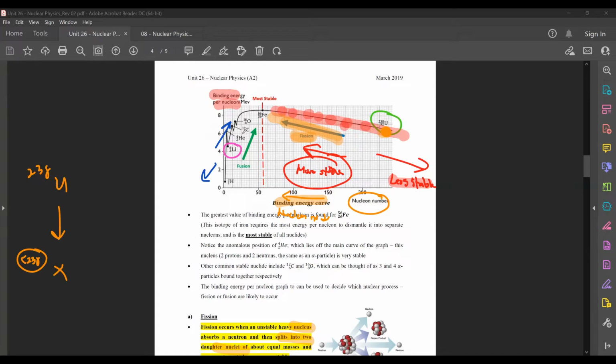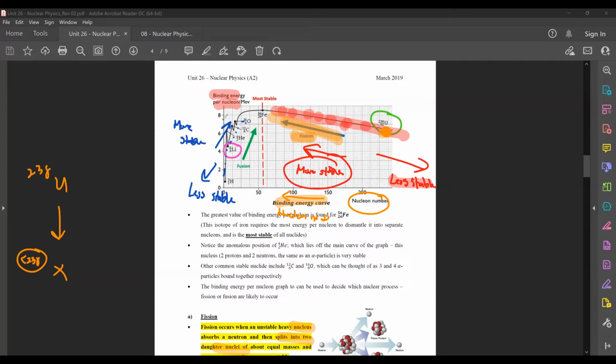But when you go down, your binding energy per nucleon is decreasing. You're becoming less stable. But if you were to go upwards, your binding energy per nucleon is increasing. So this one you're becoming more stable.